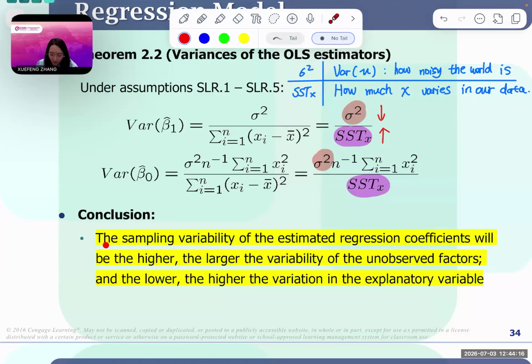See, the sampling variability of the estimated regression coefficients will be higher the larger the variability of the unobserved factors, okay?